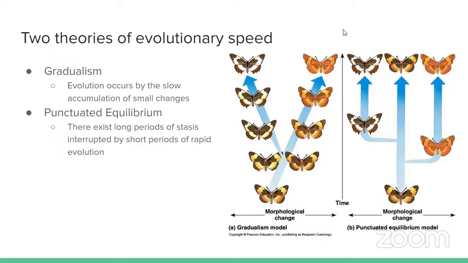So what we're talking about is mutations collecting over time until groups become so different from each other that they are considered new species, so different that they can't interbreed, basically, is one species concept. And we can talk more about species concepts as we move forward.